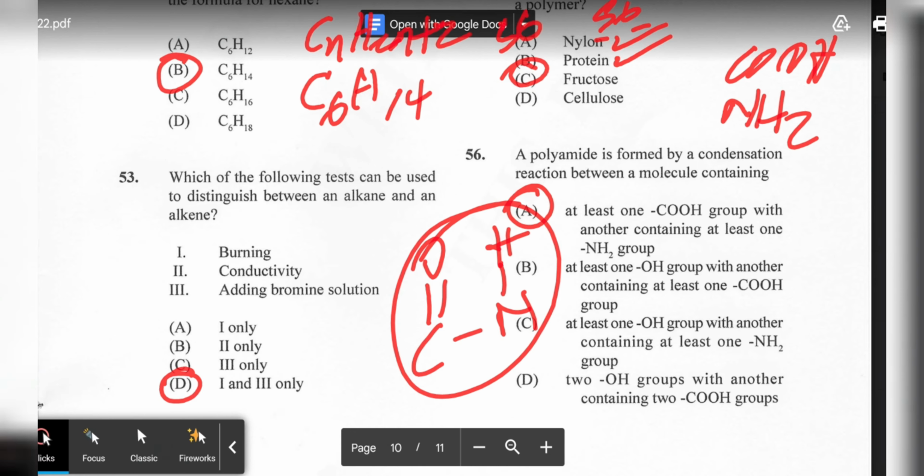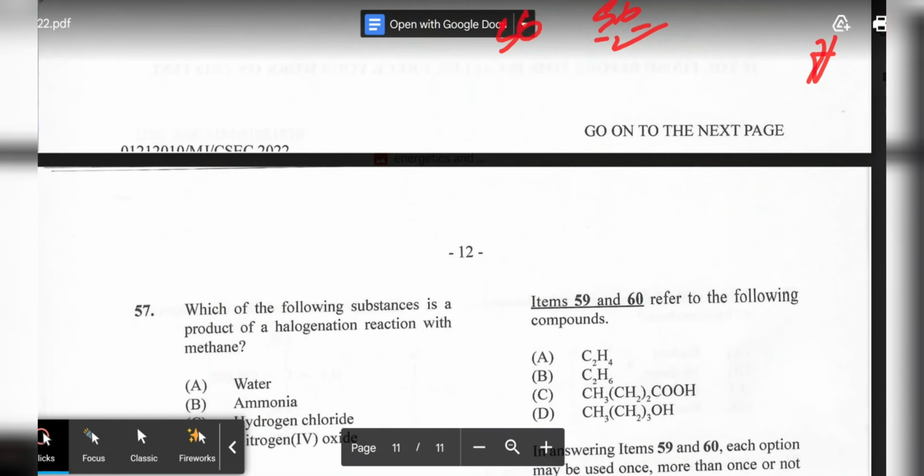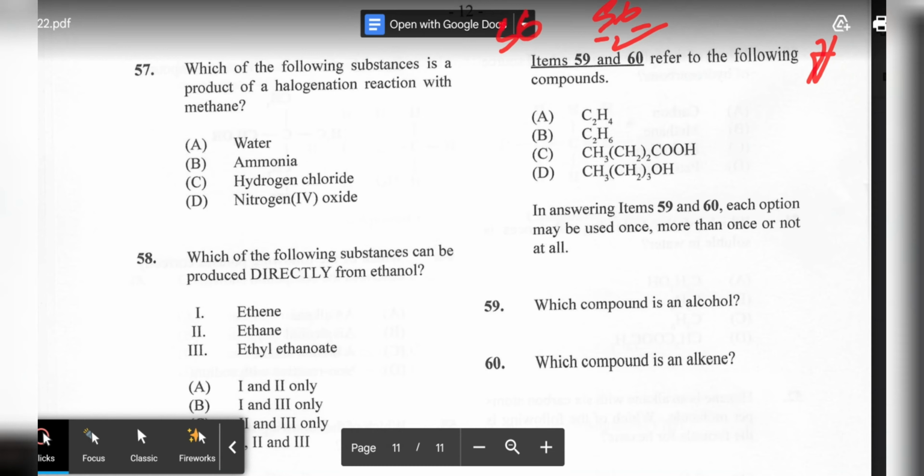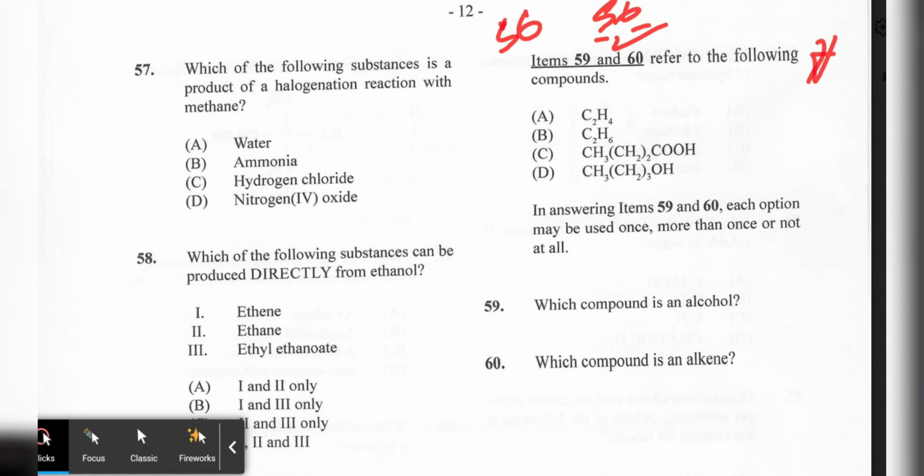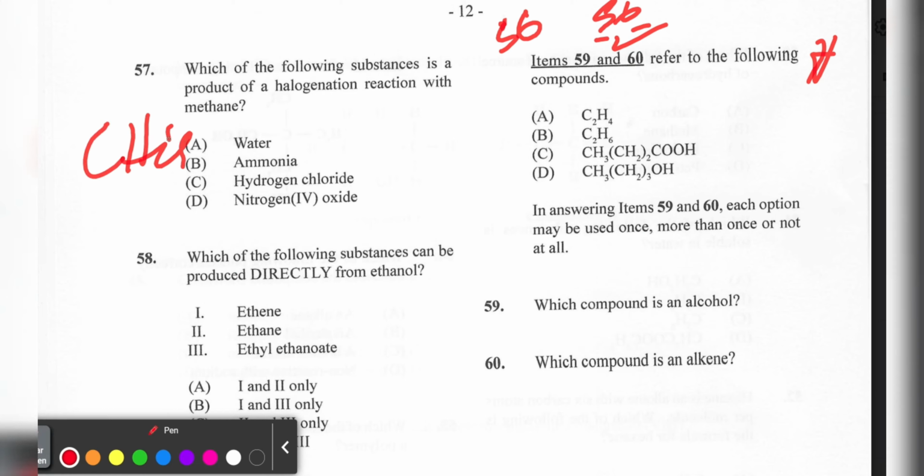57. Which of the following substances is a product of a halogenation reaction with methane? So if I were to halogenate, if that's even a word, methane, it must be done in light, and then these are products that we can get. I'm just going to draw a little bit for you here. So your methane reacts with, let's just say, chlorine, right?